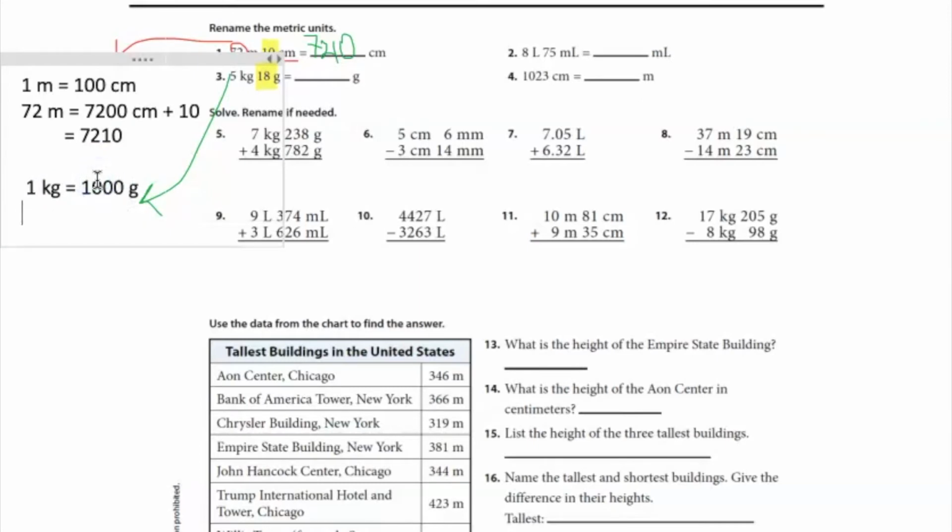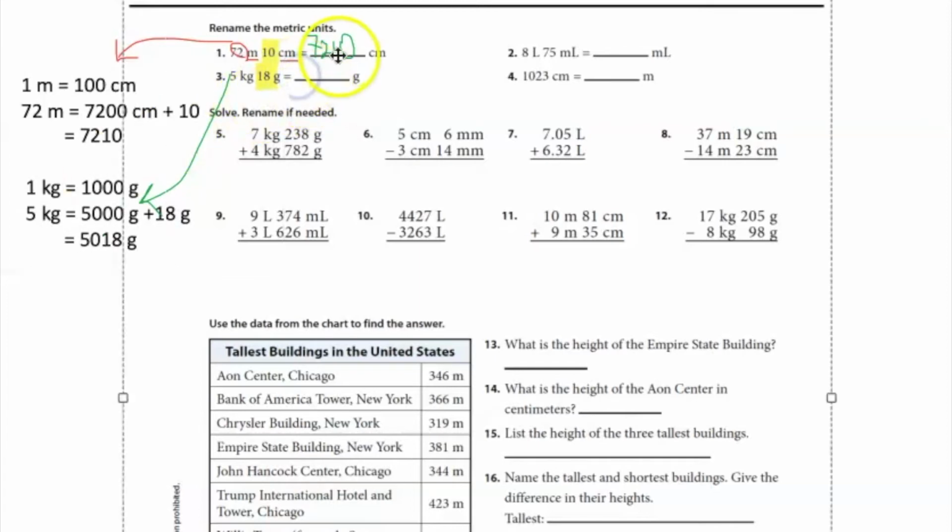So if 1 kilogram is equal to 1,000 gram, how much is 5 kilogram? That means there are 5 of 1 kilogram, so I just need to times it by 5, and it will give me 5,000 gram. And then there is an extra 18 gram, so I just need to add it, and it will give me 5,018 gram.